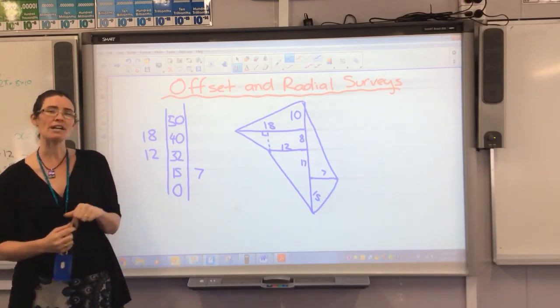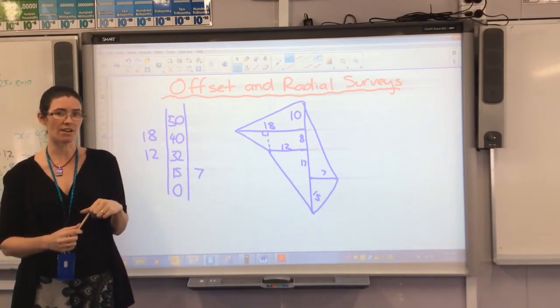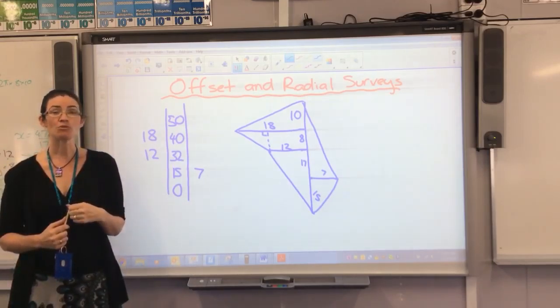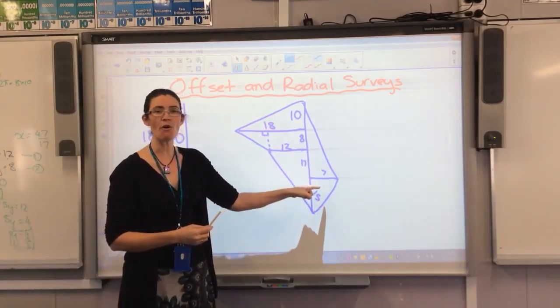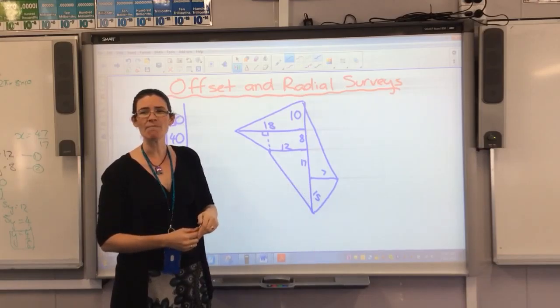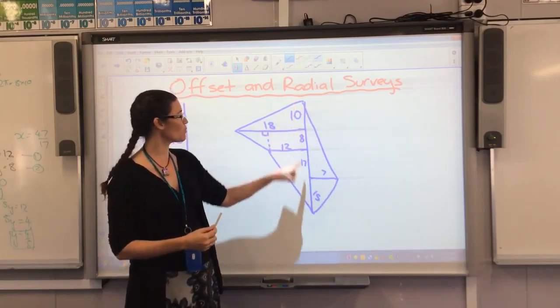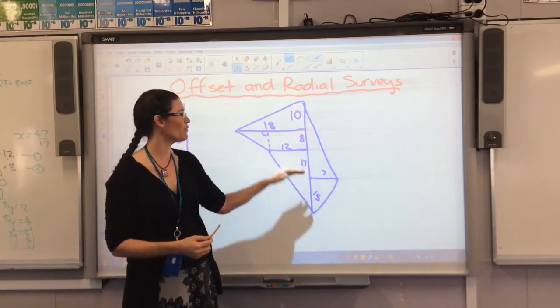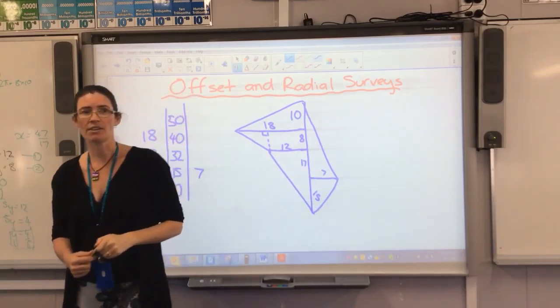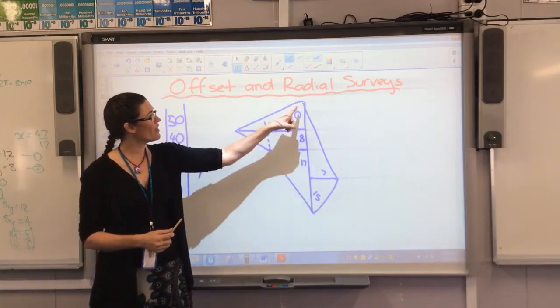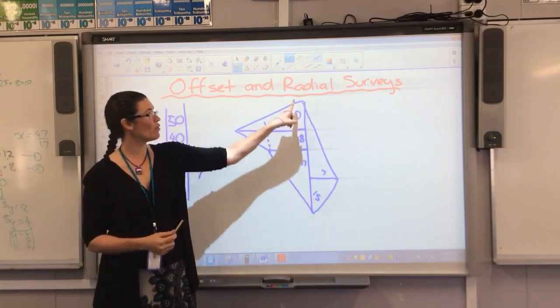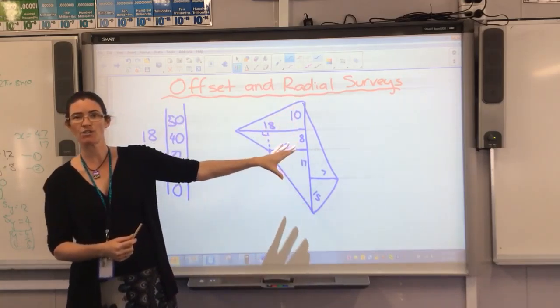How many different triangles would I use to calculate this area? 3. Even though there it could be 4, 1, 2, 3, 4, it's a lot easier if we just use this as one big triangle with a base of 50 and a height of 7. Okay? Make sure that you know that you're using all the base. So you're adding all those numbers together for the base of that triangle.